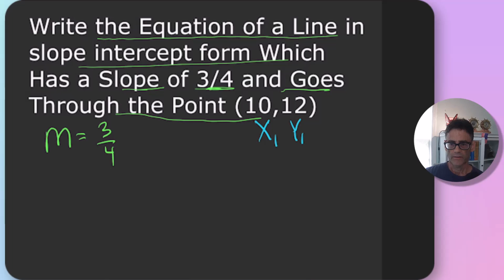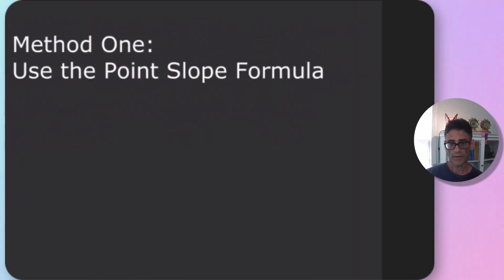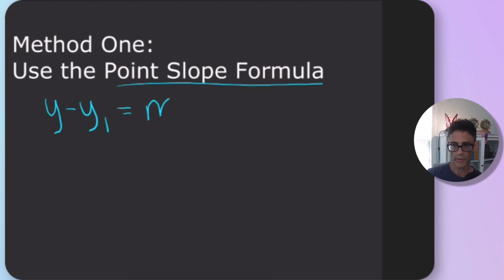That's my information right now, and now I'm going to use something called the point slope formula, a little formula we can plug into. Here it is: y minus y1 equals m times parentheses x minus x1.